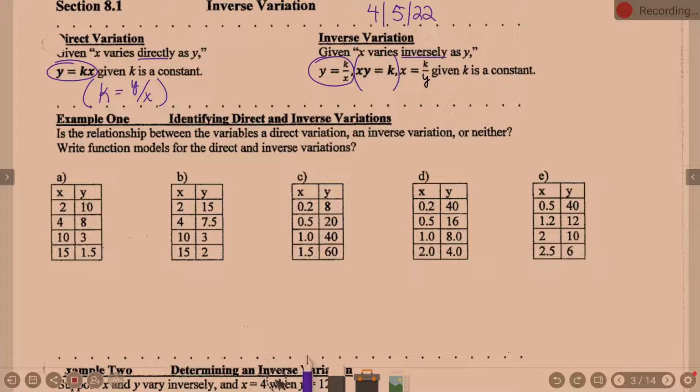Notice they give us x and y values, right? They give us x and y values. I think I'm going to start with inverse just because I like the math there better. But we need to test both. If it's inverse, what is the relationship for k? If it is truly an inverse relationship, x times y will always equal k. Okay? And in this case, are we given x and y values?